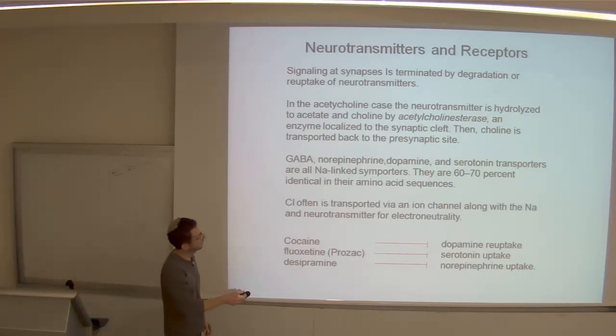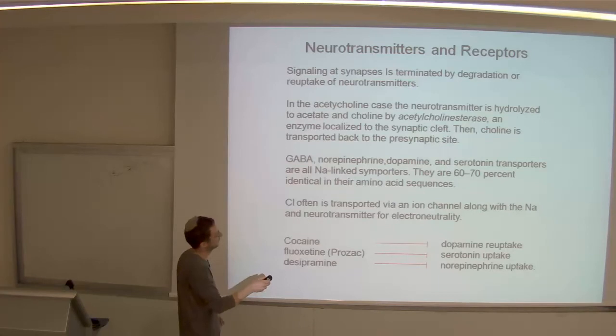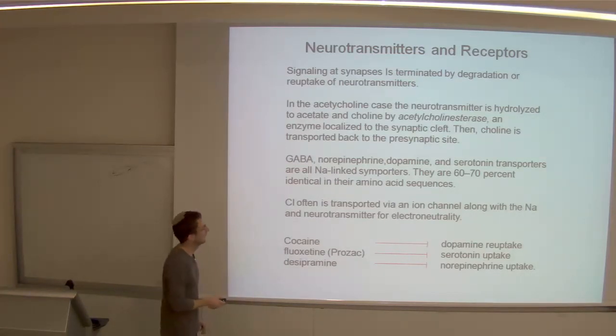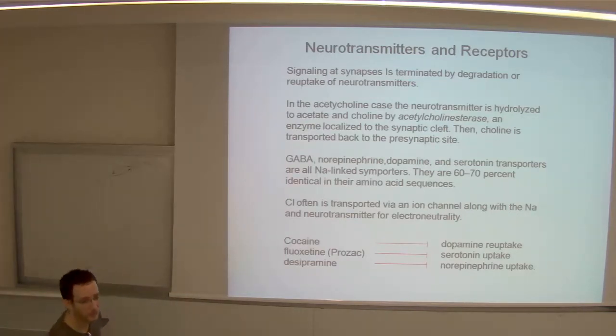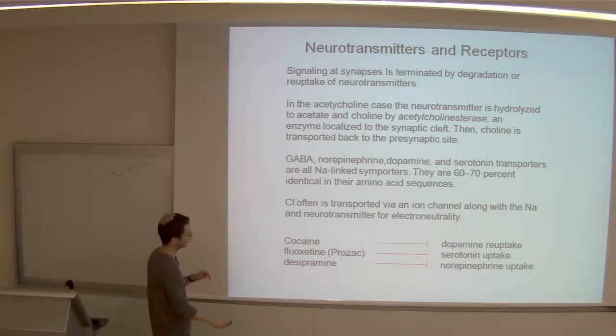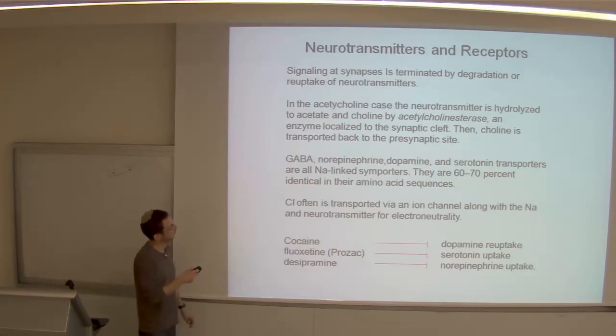And most of them, as I've shown in the previous slides, are sodium-linked symporters. These symporters are electrogenic. We've defined this term already. They're electrogenic and hence are coupled with the transmission of a chloride ion together with the sodium back to the presynaptic site.